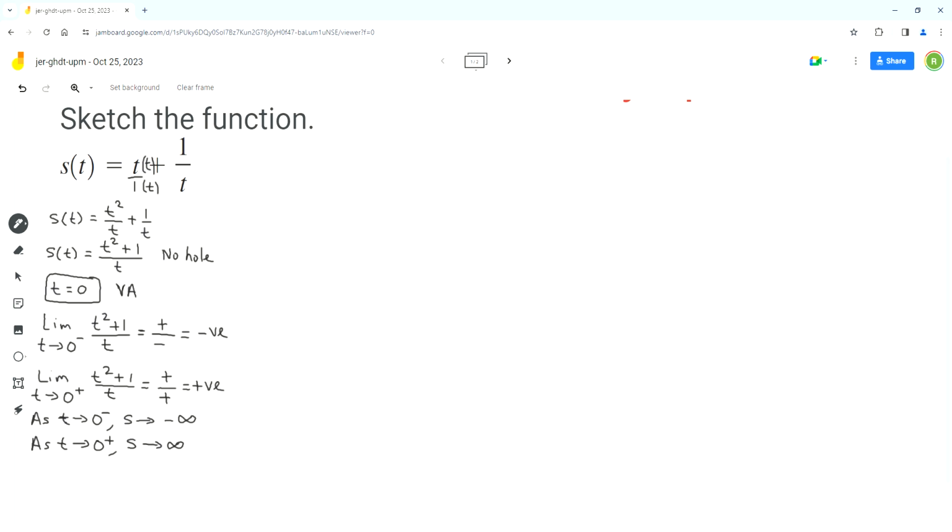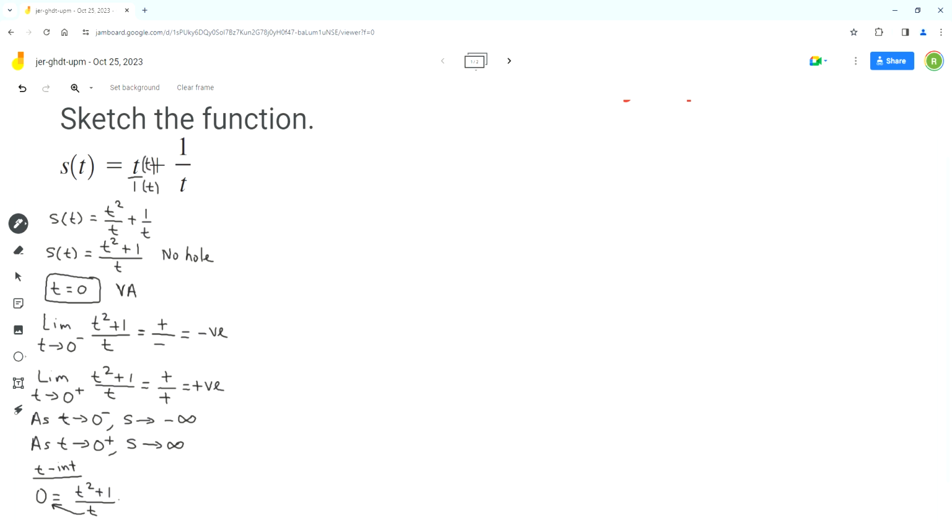So now we can find the intercepts. So let's start with the t-intercept. So to find the t-intercept, we should sub in the function value as 0. So we get 0 equals t squared plus 1 over t. Now we can cross multiply the denominator.